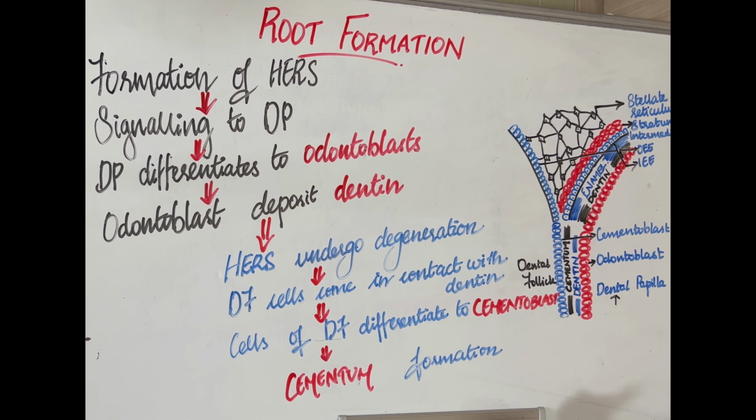There will be loss in the continuity of the cells, and in some places there will be no Hertwig's epithelial root sheath, in some places there will be Hertwig's epithelial root sheath.